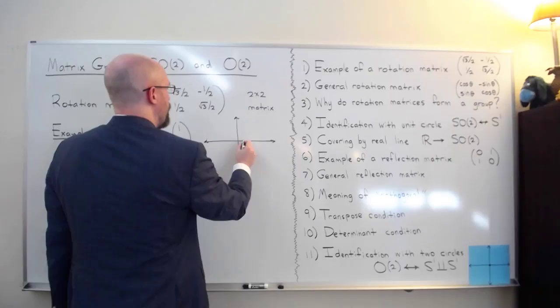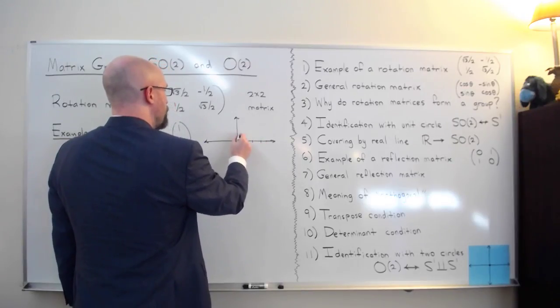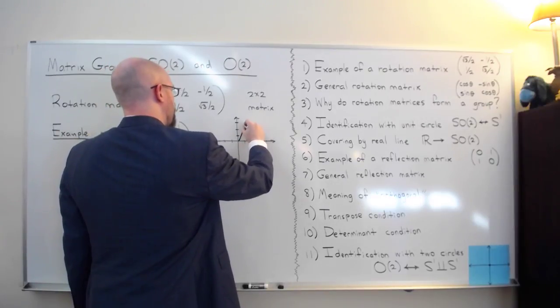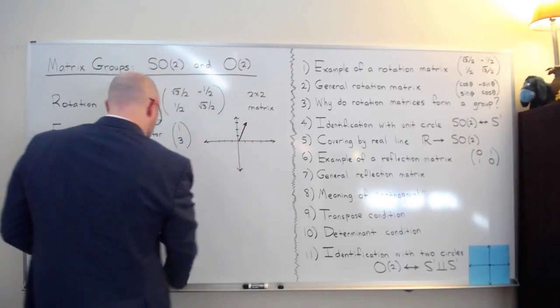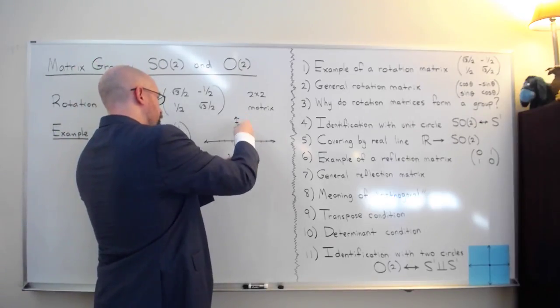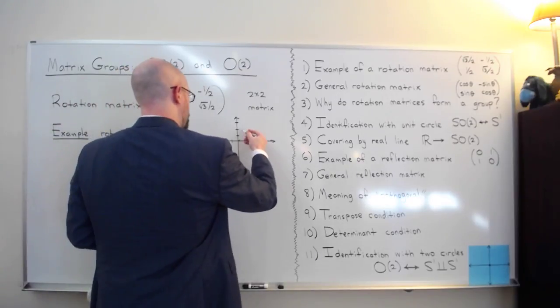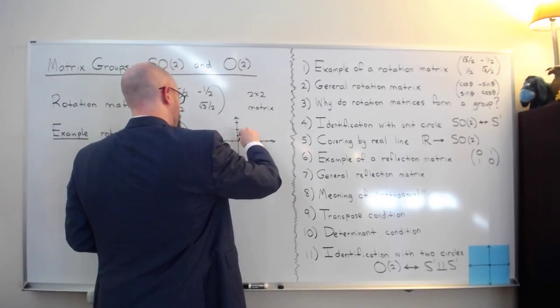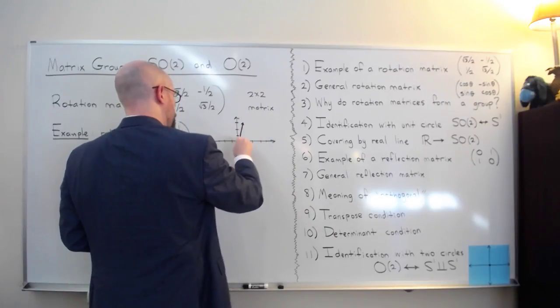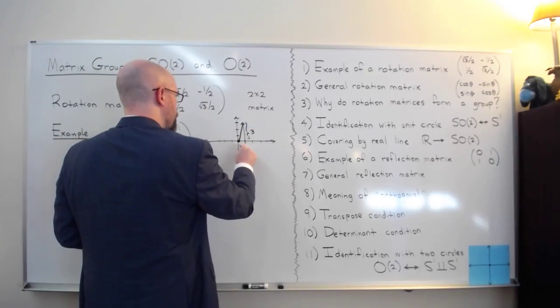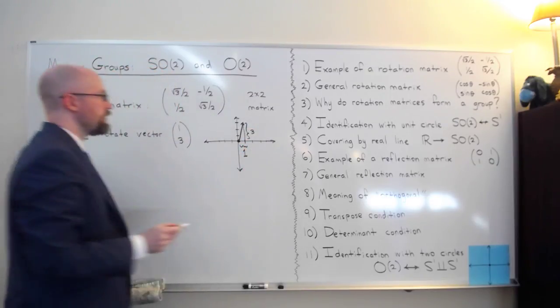So this says we're going 1 unit, let me draw little tick marks here, 1 unit in this direction and then 3 units up. So the way this vector looks is like that, and I didn't quite do it accurately. Let me fix this here. All right, so this is going to go up like that, that's a bit better. And so I can draw a perpendicular line that goes down there. And then this distance is 3 up, and that distance is 1 going that way.